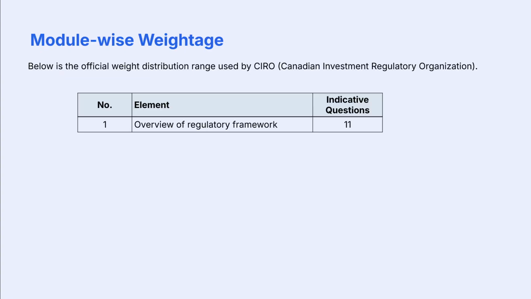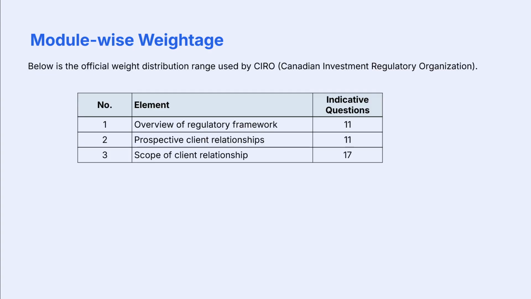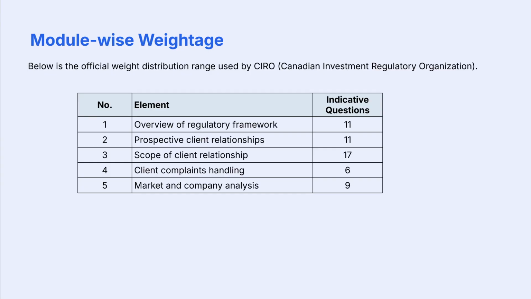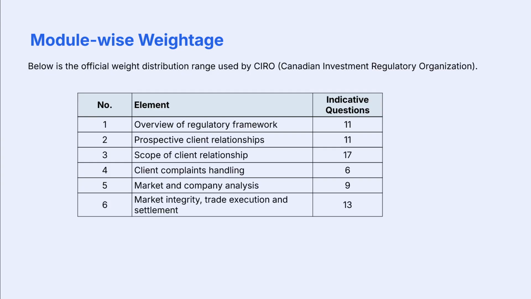So module-wise weightage is given in the official document. There are 9 elements. The first one, overview of regulatory framework, 11 questions would be there from this particular element. Then prospective client relationships, 11 questions. Scope of client relationship, 17 questions would be there in the exam. Client complaint handling, 6 questions. Market and company analysis, 9 questions.